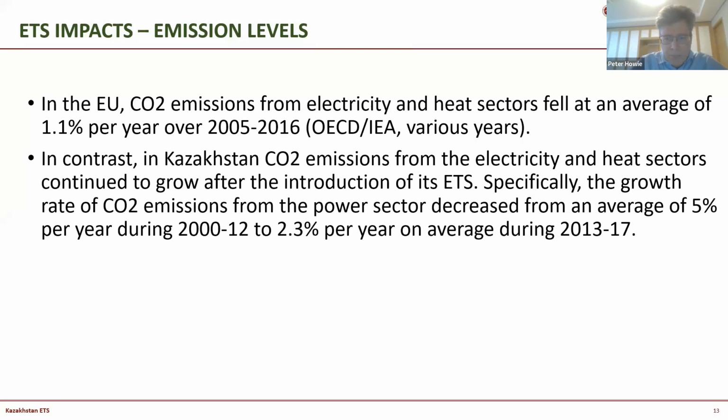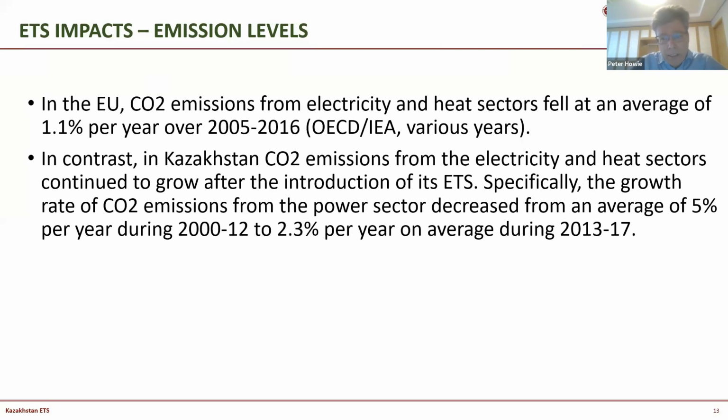In Kazakhstan, the growth rate of CO2 emissions from the power sector decreased from an average of 5% growth per year from 2000 to 2012 to 2.3% per year from 2013 to 2017. So this could suggest that Kazakhstan's ETS may have had an effect.